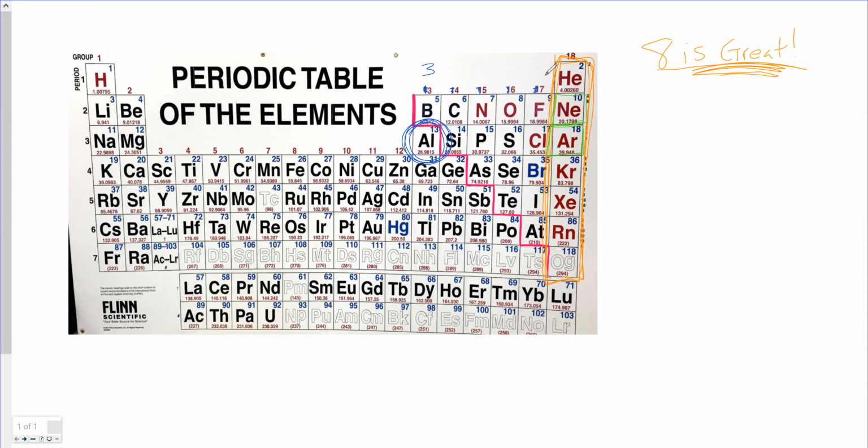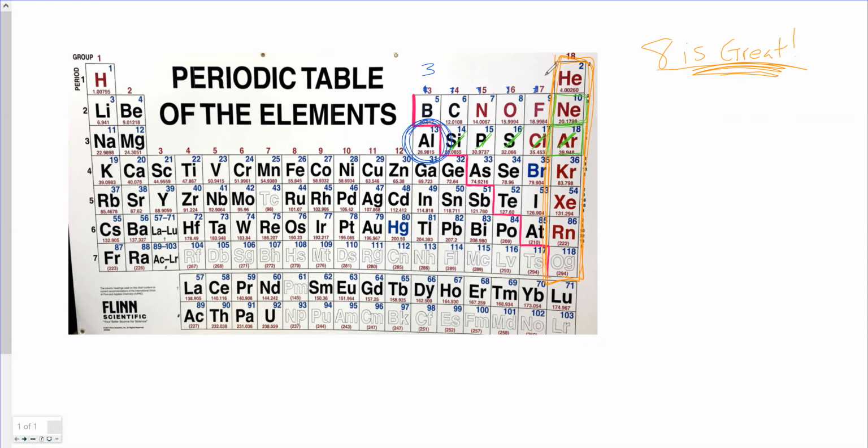These are the 2 that he's in between. If he wanted to look like argon, he would have to gain, because you said he has 3 valence electrons, right? If he gained 1, that would be 4 valence electrons, 5, 6, 7, 8. He would have to gain 5 electrons to look like argon.